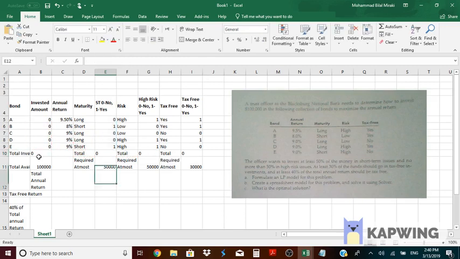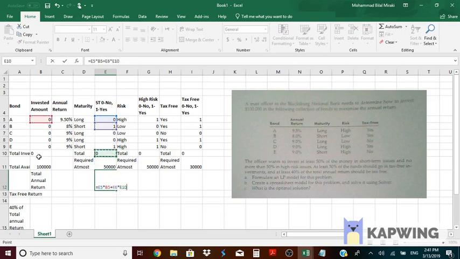You can do that manually too if you don't want to use SUMPRODUCT. The manual way will be the equal sign, this cell multiplied by this, plus this multiplied by here, the amount of money that we're going to invest on bond B, and similarly you can do it for the rest of the bonds.